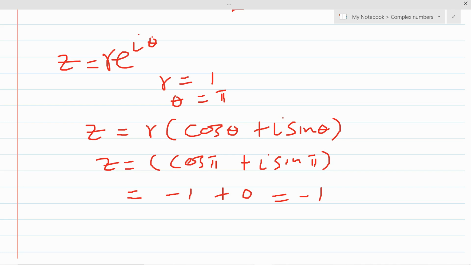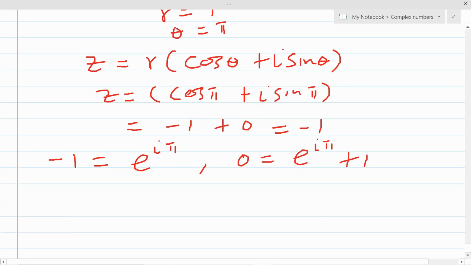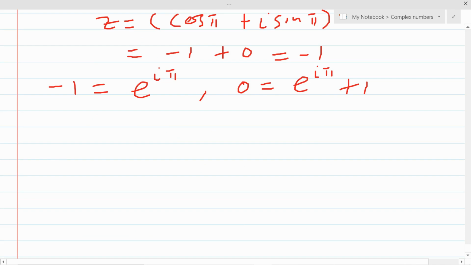Okay, so if I substitute it in this equation, then it means negative 1 will be equal to r, which is 1, times e to the power i times pi. And if I send negative 1 to the other side, it becomes 0 is equal to e to the power i pi plus 1. Then this means that 1 plus e to the power i pi is equal to 0. Now this is what we call Euler's equation.